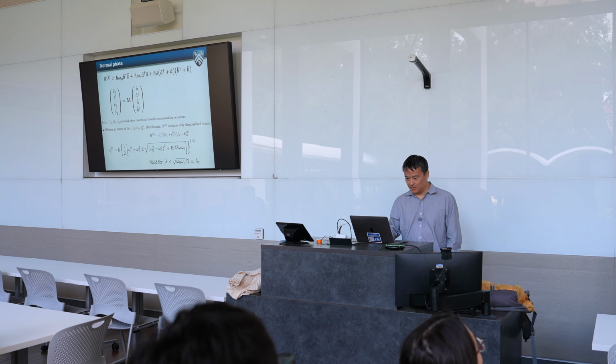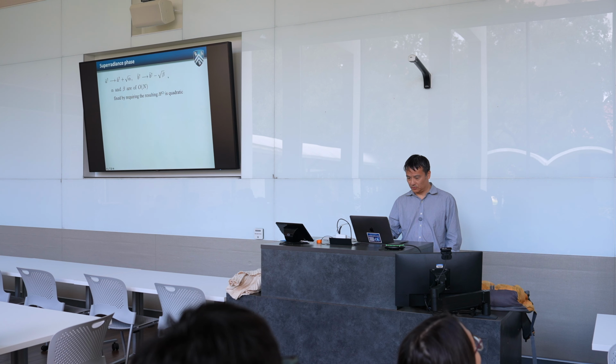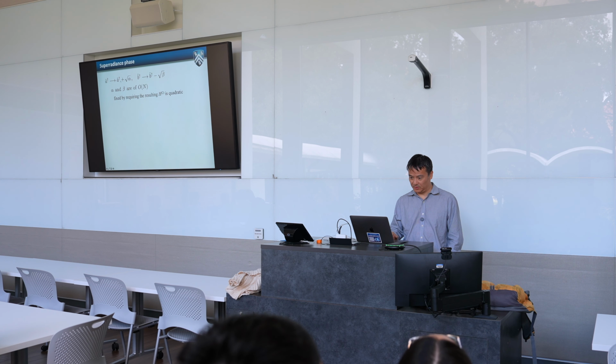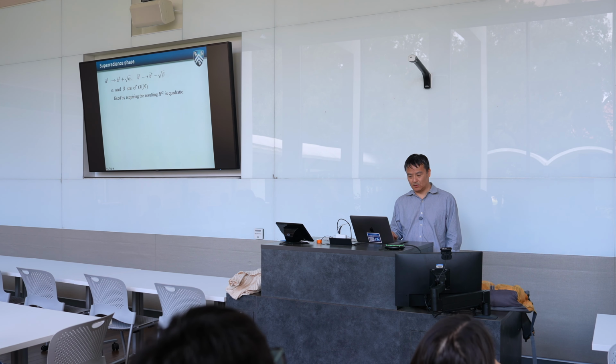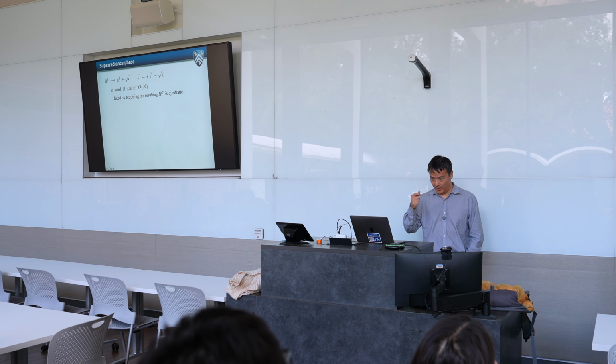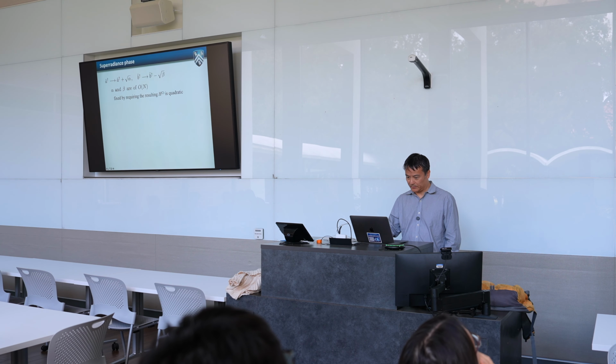And as I mentioned, this approach I just outlined would work for the normal phase, but for the superradiance phase, you have to do one extra step, and you first displace these bosonic operators, and these alpha and beta will be found in a self-consistent way. They are of order n.